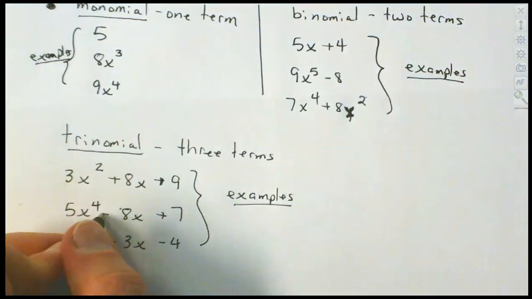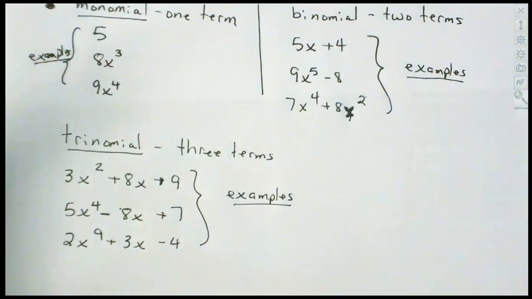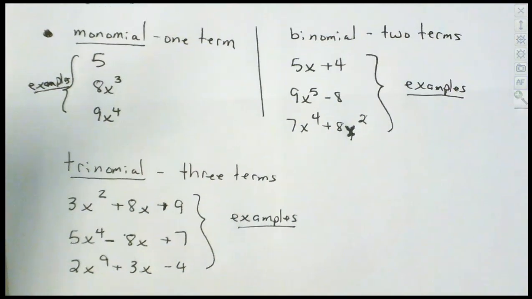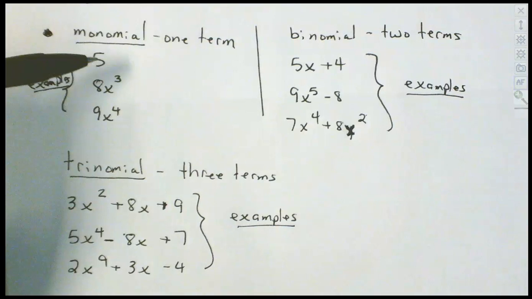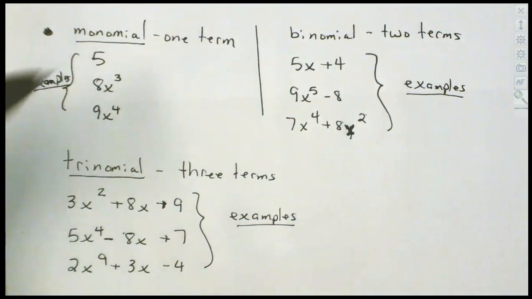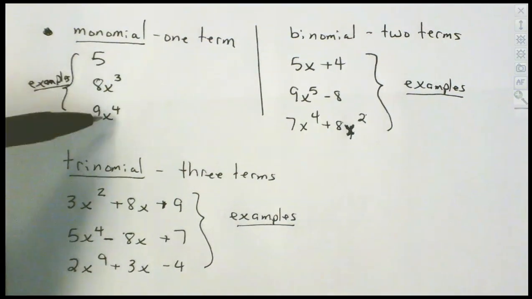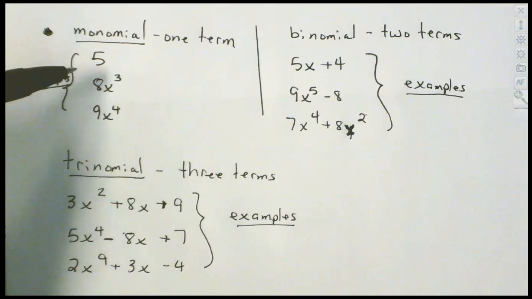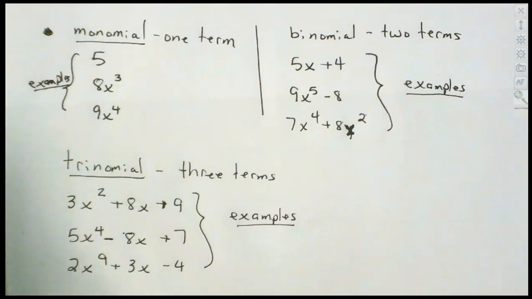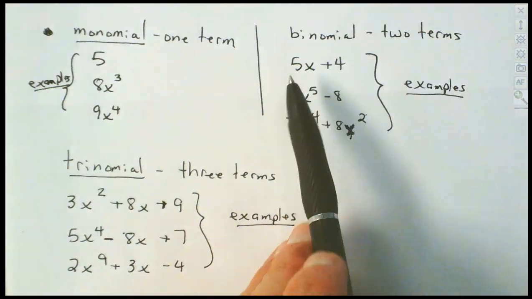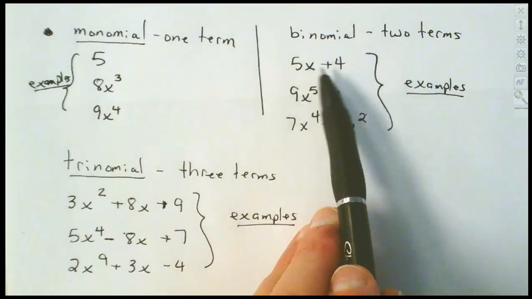Trinomials mean they have 3 terms. And so what again separates the terms? Addition or subtraction. So each of these is a monomial because there's no addition or subtraction. Okay, so it has one piece. What about binomial? 2 parts, right?